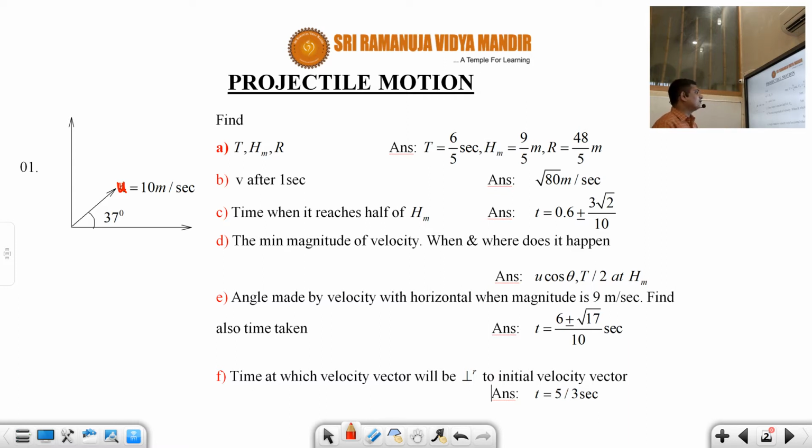D, the minimum magnitude of velocity throughout its projectile motion. When and where does it happen? E, angle made by velocity with horizontal when the magnitude is 9 meters per second, and also the time taken. And last, F, time at which the velocity vector will be perpendicular to the initial velocity vector.